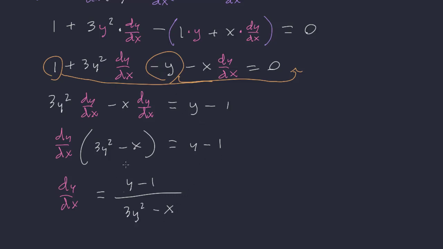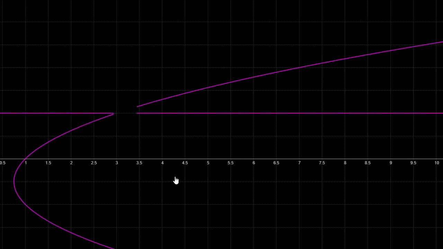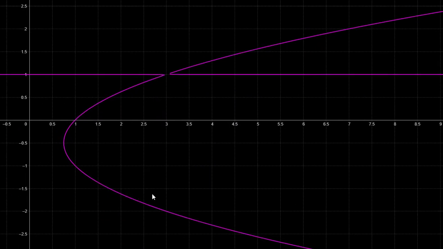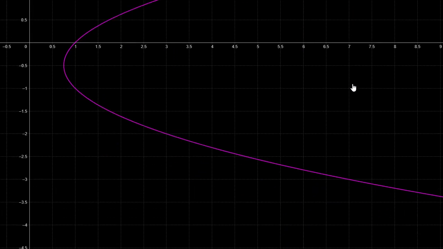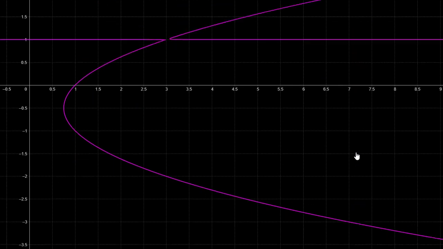So here we have the derivative of this implicit function. If you want to remember what it looks like, it's this sort of funky looking guy here. And now I'm going to check it at some of those points that we mentioned. One good and fairly easy one would be the point (1, 0). Then we could also check it at (7, 2) and (7, -3).